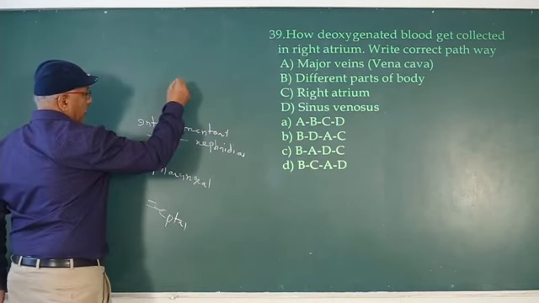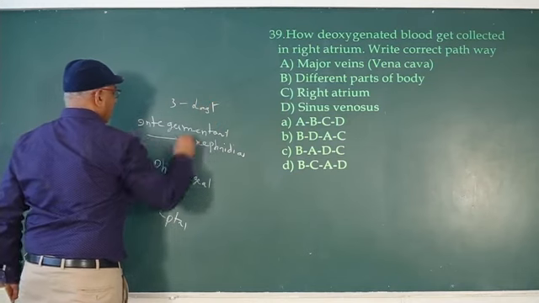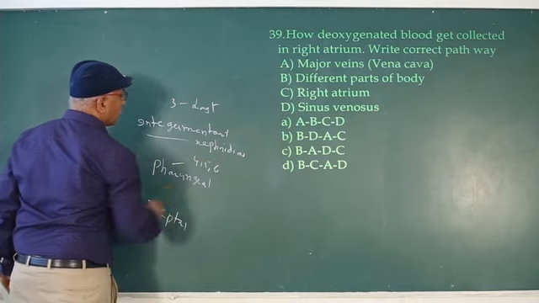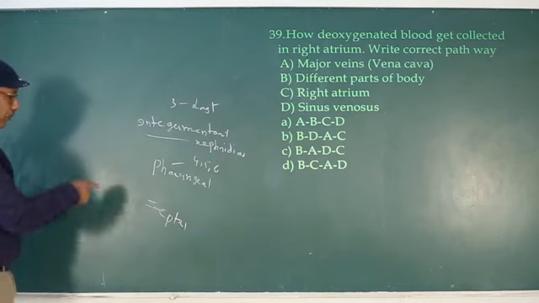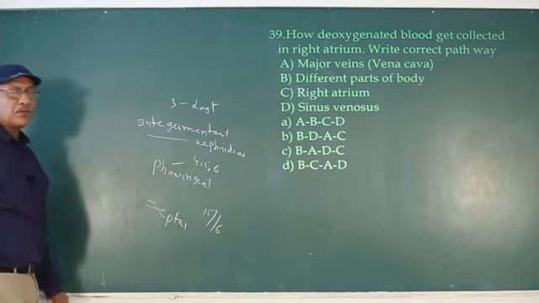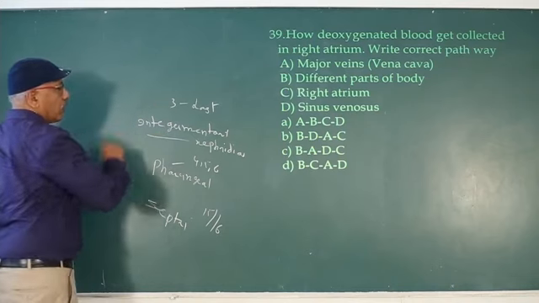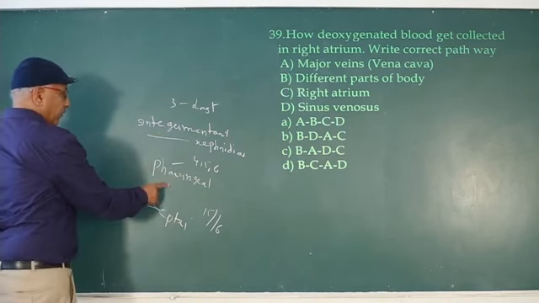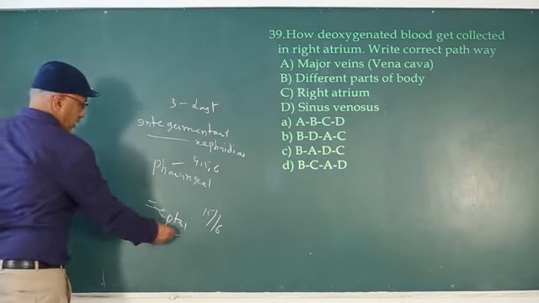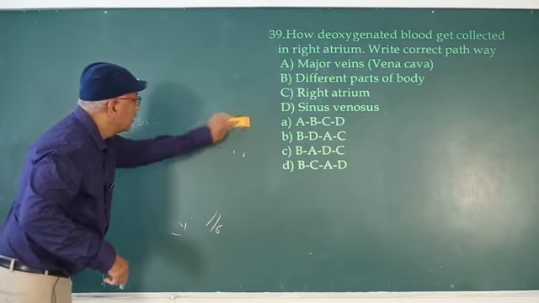Integumental nephridia are present from third segment to last segment. Pharyngeal nephridia are present only in 4th, 5th and 6th segments in earthworm. Septal nephridia are present from 15/16th septum onwards. So integumental nephridia from third segment to last segment, pharyngeal nephridia only in segments 4, 5, 6, and septal nephridia from 15/16th to last segment.